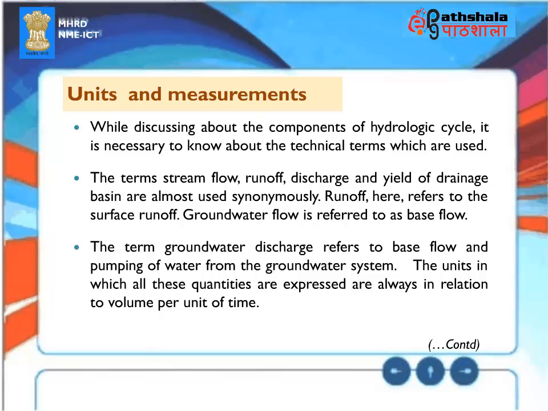Runoff here refers to the surface runoff. Groundwater flow is referred to as baseflow. The term groundwater discharge refers to baseflow and pumping of water from the groundwater system. The units in which all these quantities are expressed are always in relation to volume per unit of time.